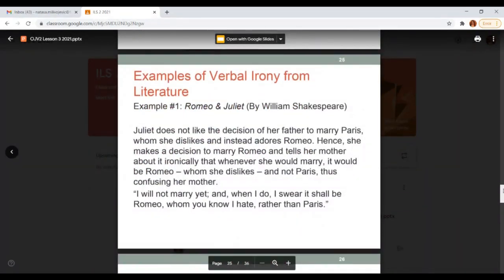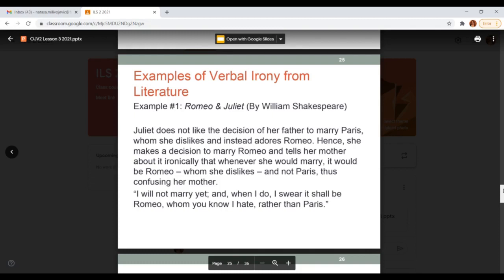Examples of verbal irony in literature, for example, include Romeo and Juliet by William Shakespeare. So one of those examples is on the slide. Juliet does not like the decision of her father to marry Paris, whom she dislikes, and instead adores Romeo.